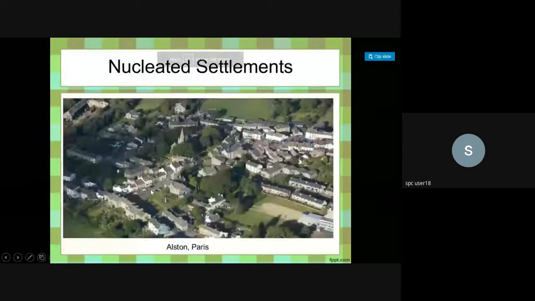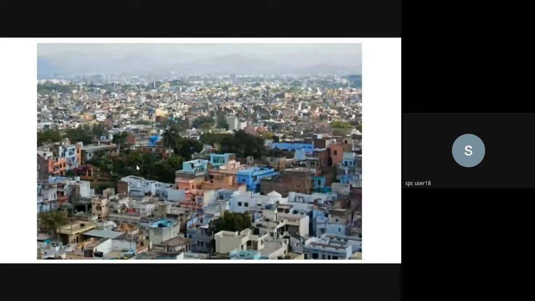This is a nucleated settlement, of course. You'll see that in the center here you have, I think, a palace or a cathedral, and the majority of the houses around it, and you'll see that there is no pattern to these houses. Nucleated settlements tend to be like this. This is Alston in Paris. This is another nucleated one on a very different scale.